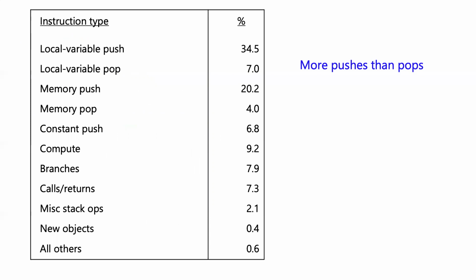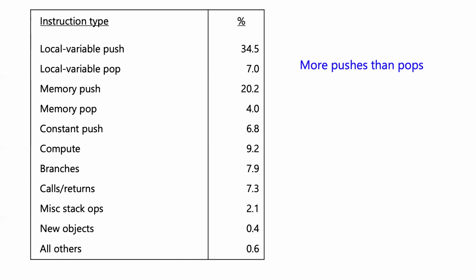There are 256, or at least we have room for 256 instructions. Of those, about a third represent pushing local variables onto the stack. So a lot of those are just used for getting the contents of a local variable onto the stack. Those would be the load instructions.